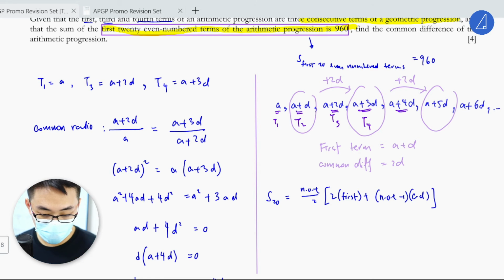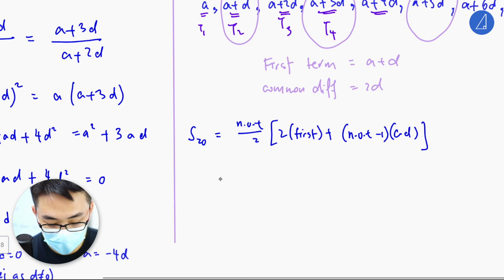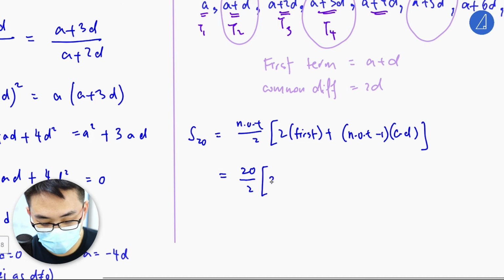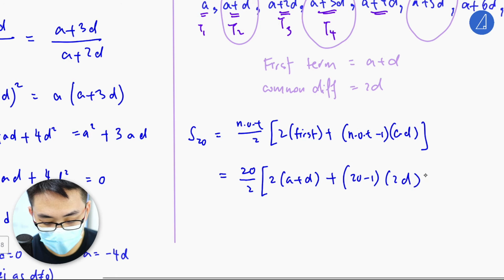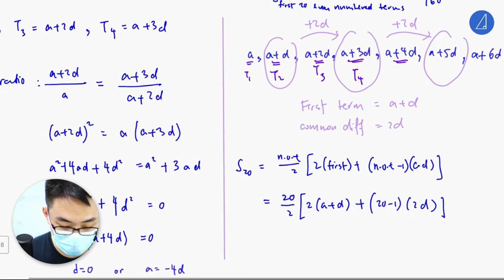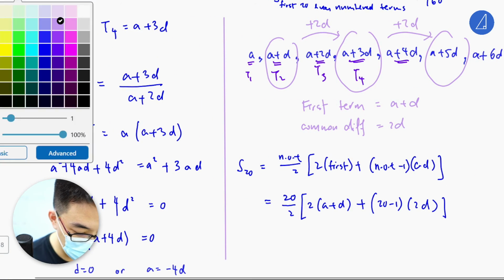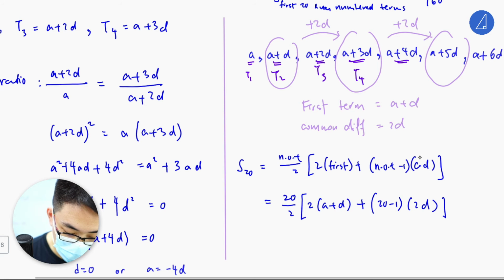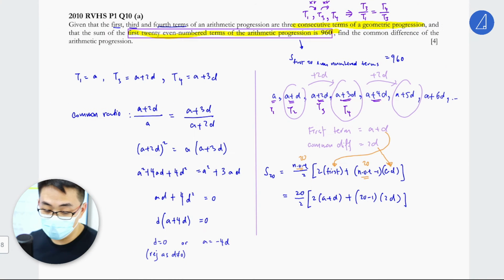So the number of terms is 20. We know it's 20. Then the first term is A plus D. The number of terms minus 1 is 20 minus 1, times the common difference 2D. So I'm going to just write it down. Be very mindful of this.